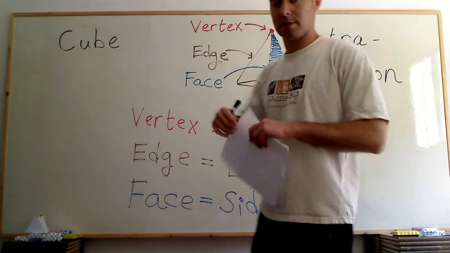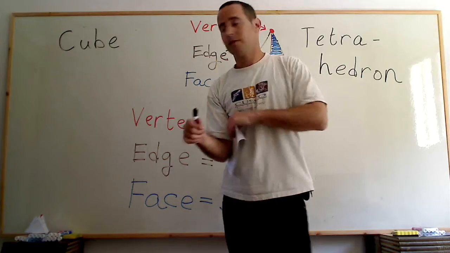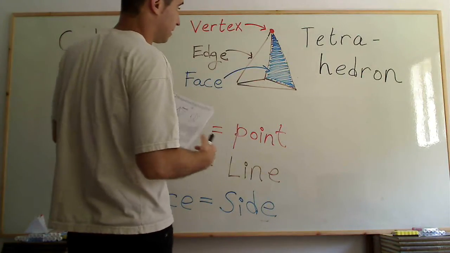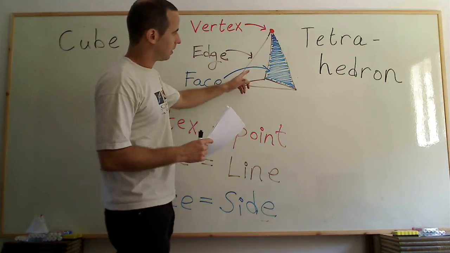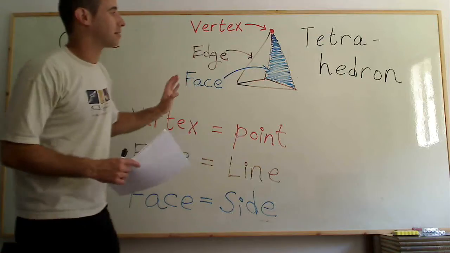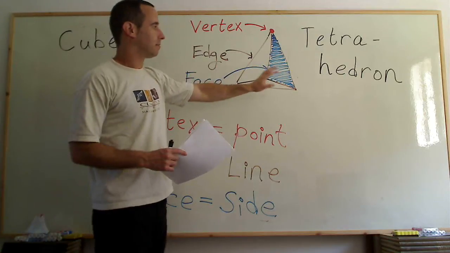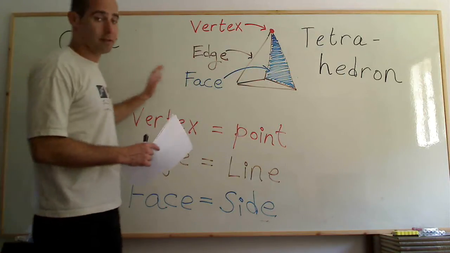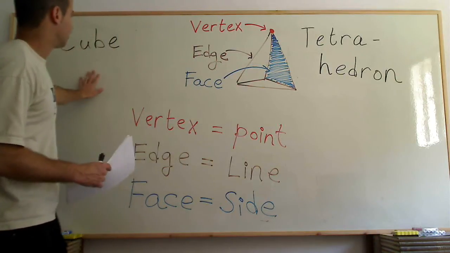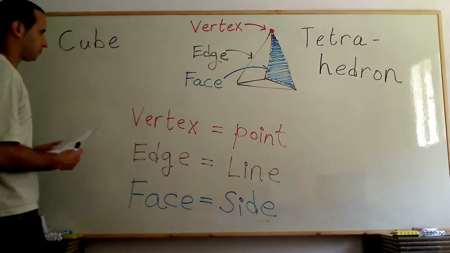Hexa means 6. Tetra means, I guess, well, I don't know if it's 3 or 4, so I won't say, I don't want to make mistakes, but hexa positively means 6, and they called a cube hexahedron.